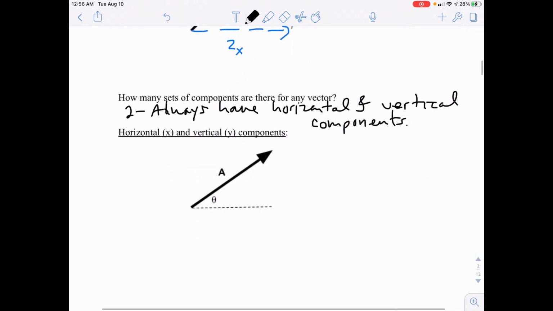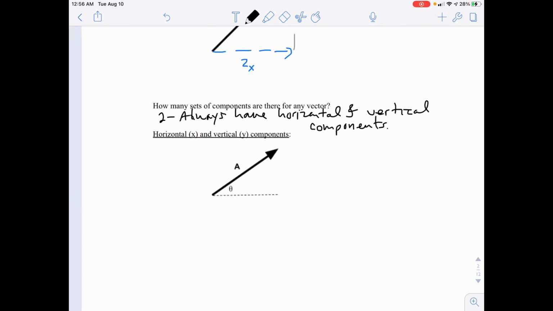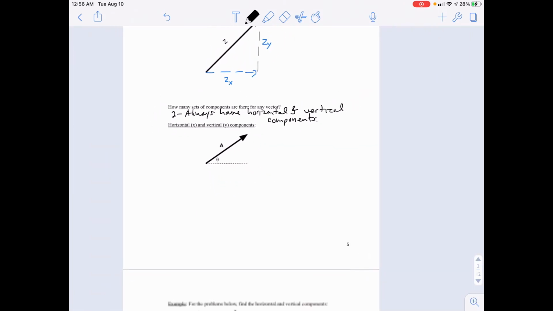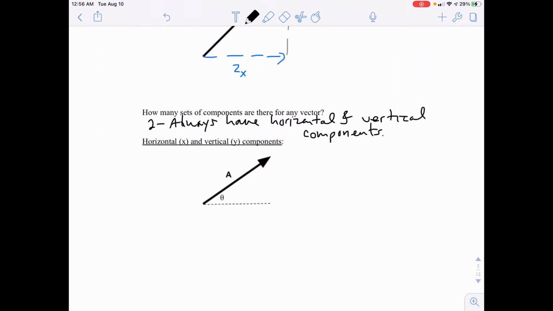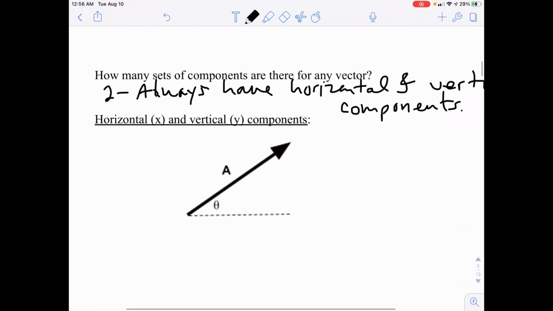So, you have horizontal x and y components of vector A. And this is where we're going to tie in trigonometry. If vector A is pointing up and to the right, then we have a component going to the right and another component going up.